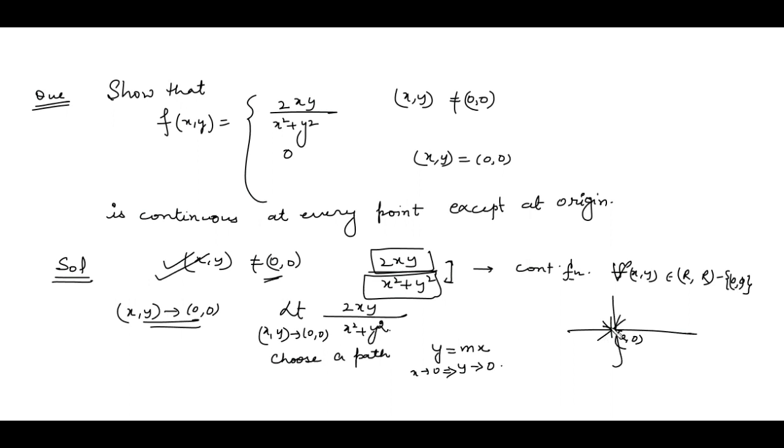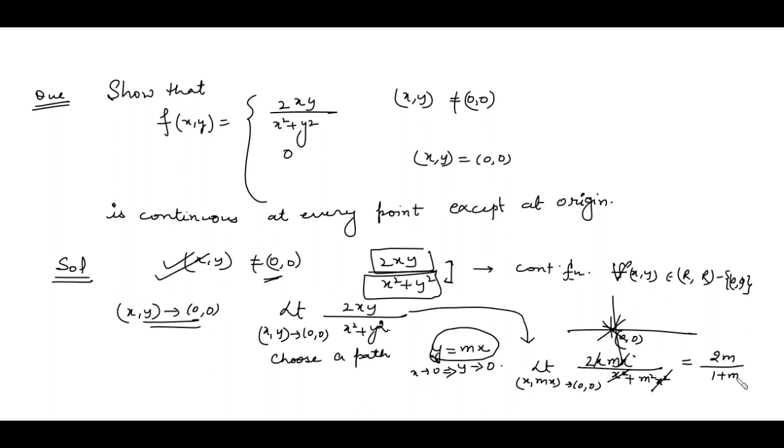It means the path y equal to mx is passing through (0,0), right? So if we choose this path, then we can convert this limit into a function of a single variable by substituting y to be mx. So when you put y to be mx, what you get, this term is cancelled out in the numerator and denominator. What is this limit? When you take x tending to 0, you will get 2m upon 1 plus m square.